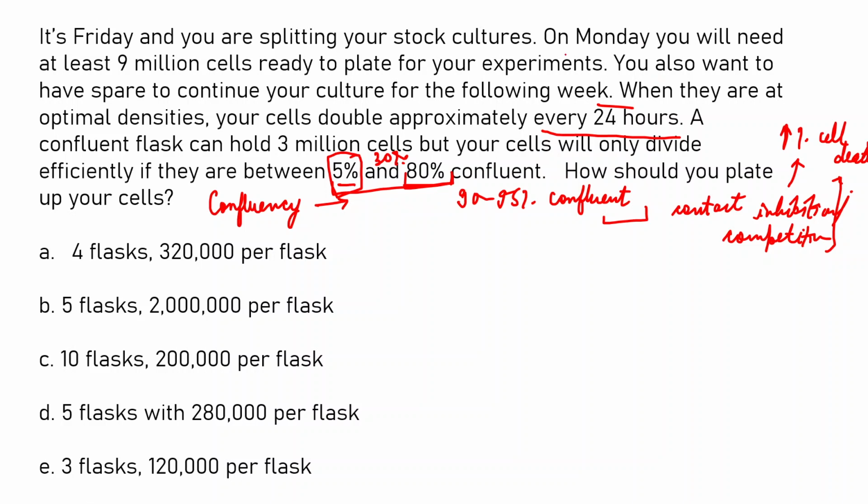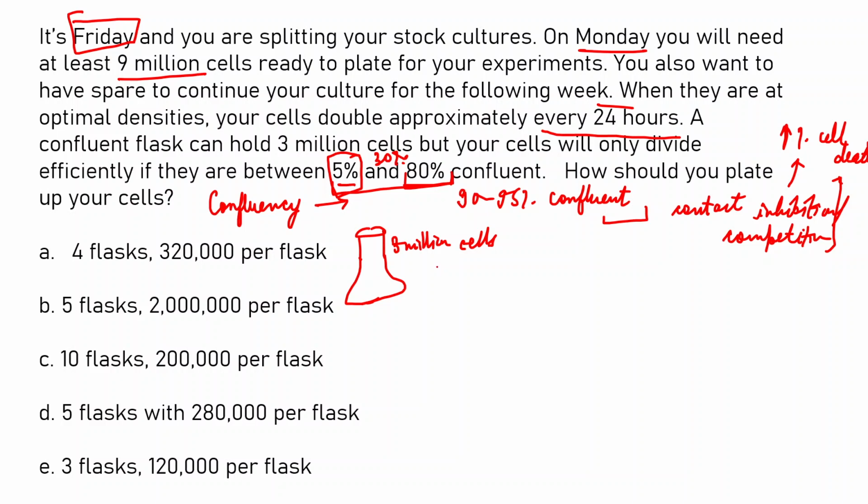Now, on Monday, you need at least 9 million cells ready. And the day that you are working on, today, is Friday. So, in order to have 9 million cells ready, one flask can hold 3 million cells. So, let's assume that we have a flask which is confluent and it has 3 million cells.